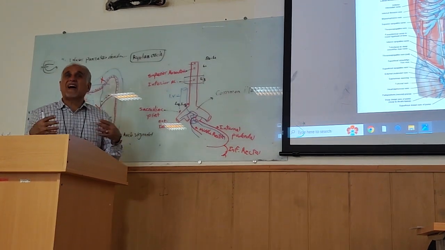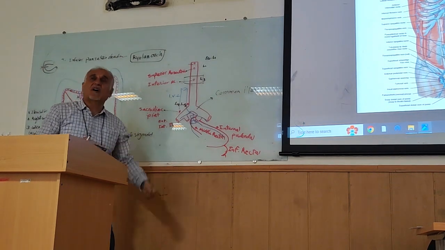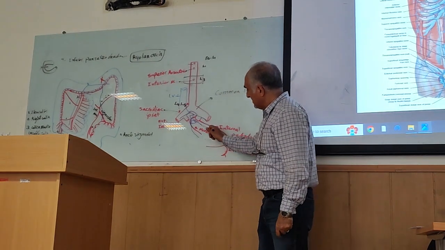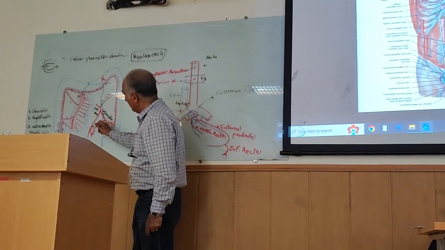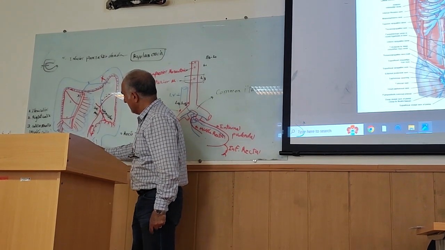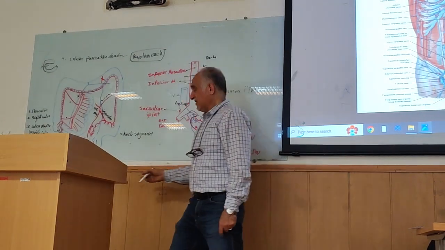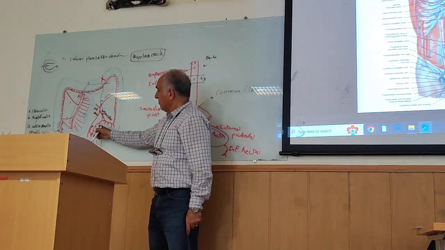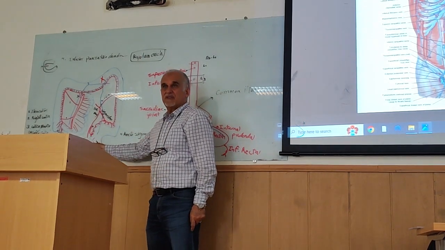There are some pathways between portal and cava. One of them is here. Look here. These two are joined by the vein of this. Middle and inferior rectal are joined with the inferior mesenteric, superior rectal.